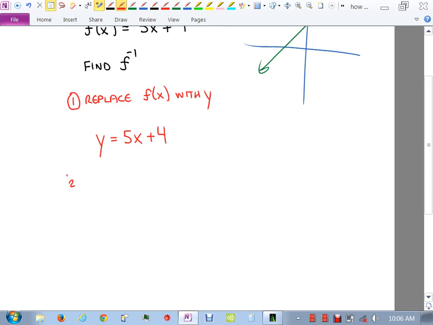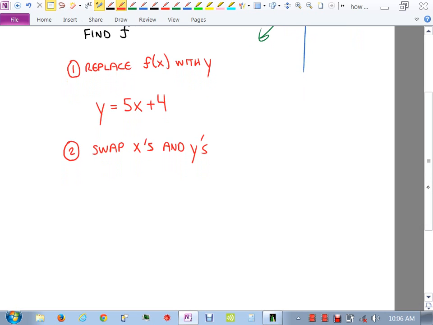Now step 2. Swap x's and y's. Now, what I'm doing here is kind of weird. Everywhere I see a y, I'm going to replace it with an x. Everywhere I see an x, I'm going to replace it with a y.